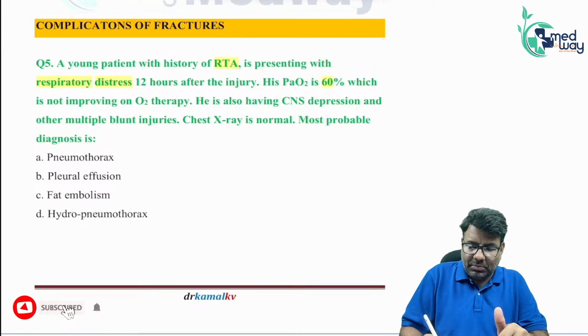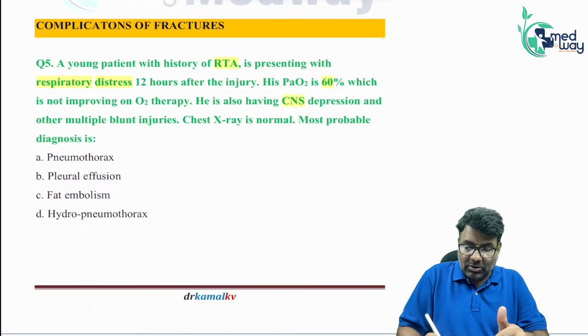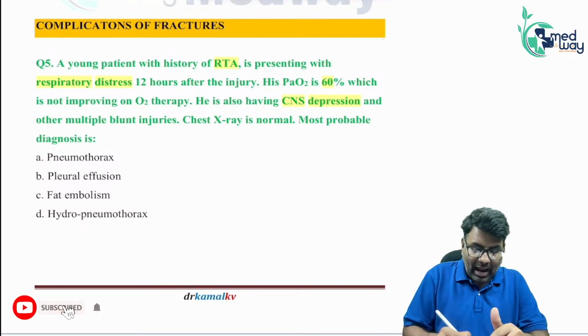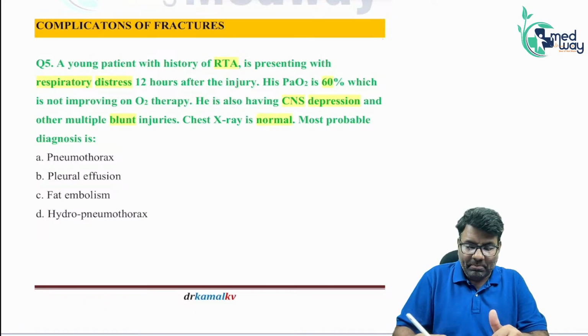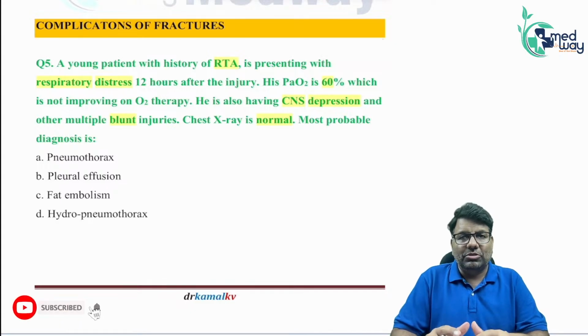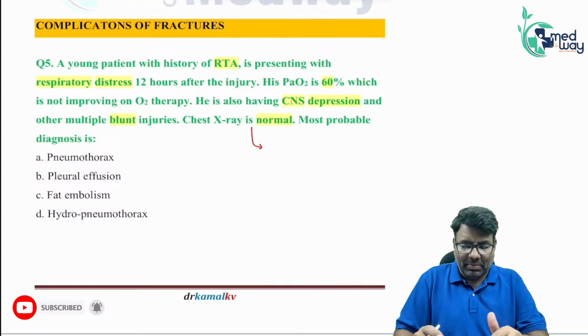His pO2 is low and not improving despite oxygen therapy. He is also having CNS depression, and there are other multiple blunt injuries. The chest X-ray is normal, and therefore it rules out any lung pathology.